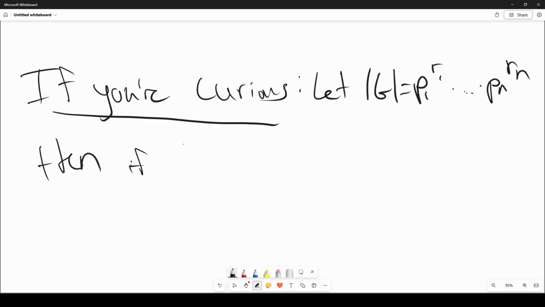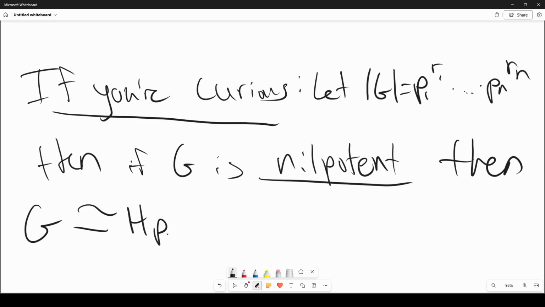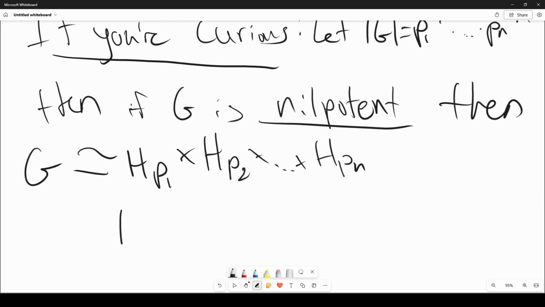Then if G is what's called nilpotent, then I can write G as isomorphic to H_p1 cross H_p2 cross all the way to cross H_pn, where the size of H_pi is that p-Sylow subgroup. So it's equal to p_i to the r_i.